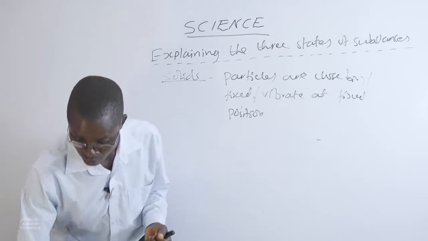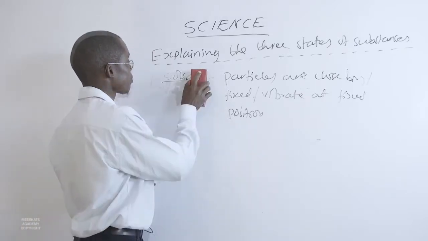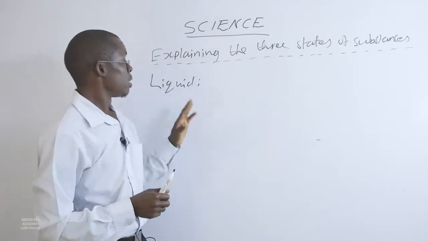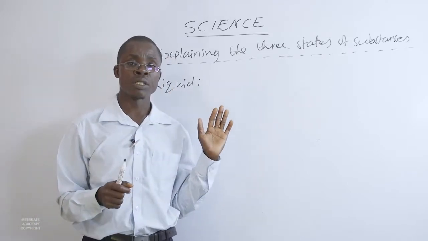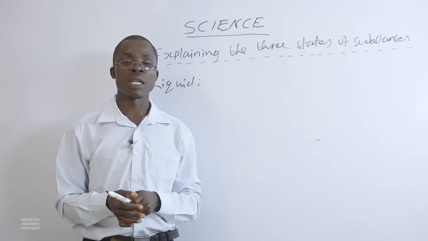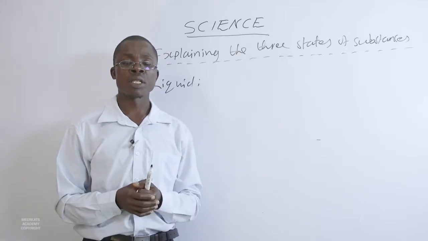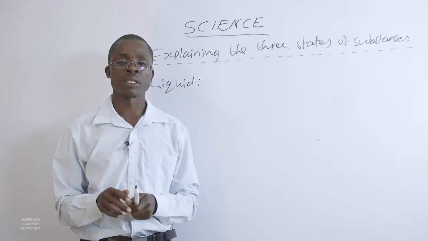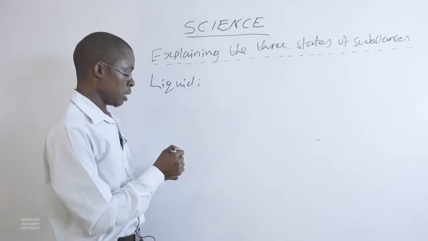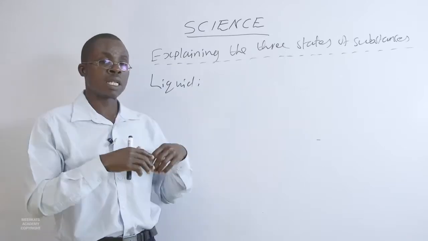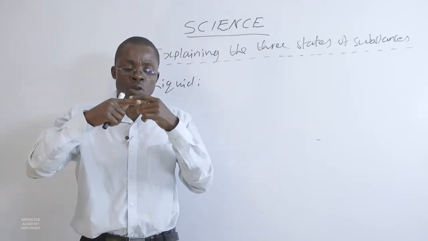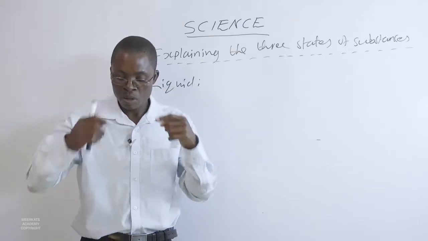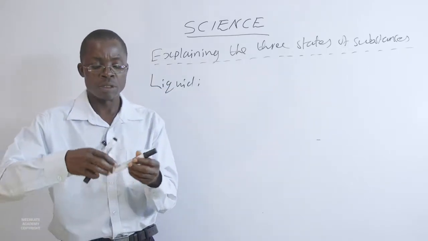Now, if we look at a liquid, liquids on the other hand, just like solids, we may have some similarities, like a solid cannot be compressed, also a liquid cannot be compressed. But this liquid has that ability of its particles rolling over each other. Show me this a particle, this a particle, or maybe I can use these ones.